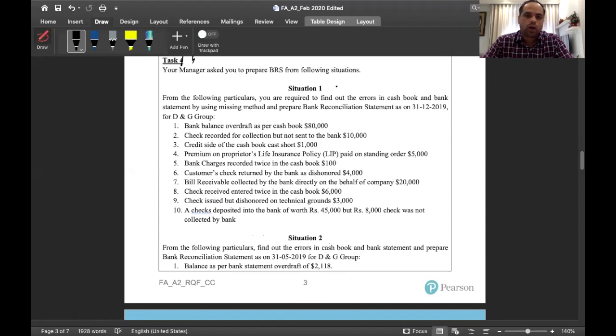Situation 1: the date is the 31st of December 2019, and this is a bank overdraft balance in the cash book. So this is situation 1.